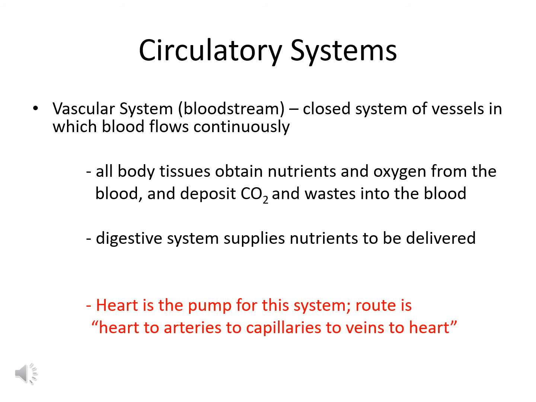Now, the heart is the pump for this entire system, and the typical route of the blood flow is from the heart to the arteries, to the capillaries, to the veins, and back to the heart.